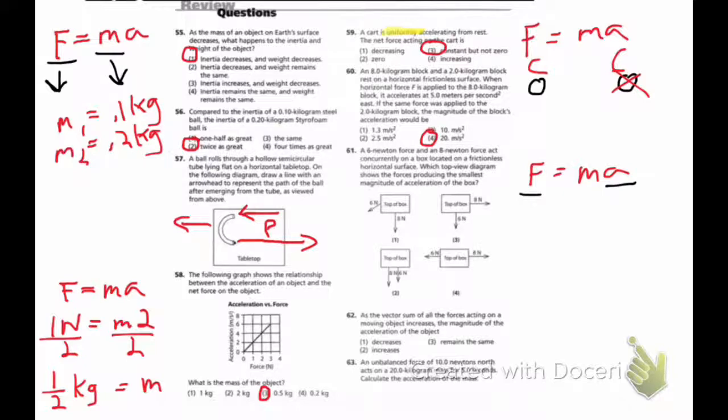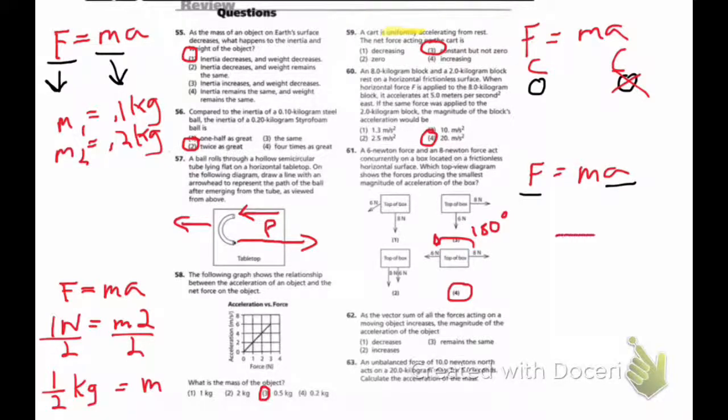Therefore, we want to find the smallest resultant. Out of the choices, choice number 4 will produce the smallest resultant, since the angle between the two force vectors is 180 degrees. We know that will produce the minimum resultant.